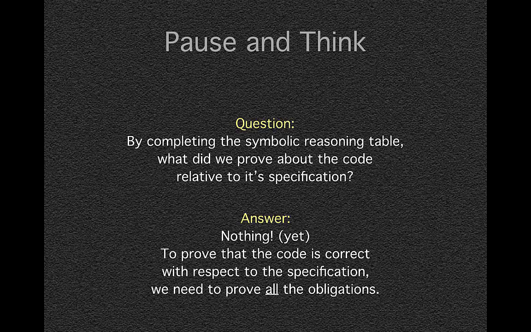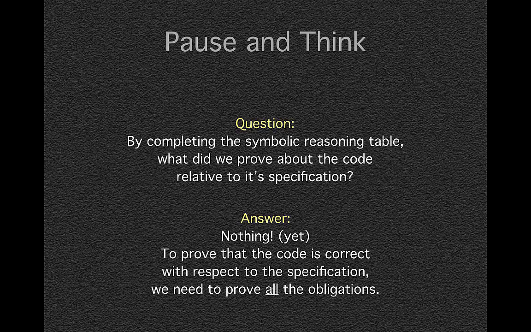What we would like to prove is that the code is correct with respect to its specified behavior. And we can say that we've proved that as long as we can discharge all of the obligations. Discharge is another word for prove in this context.